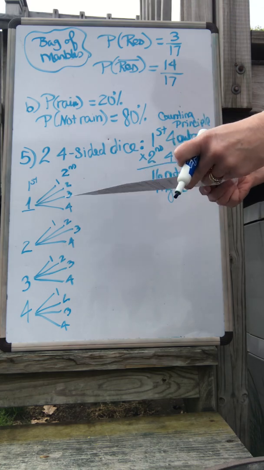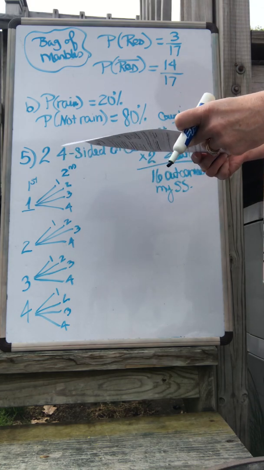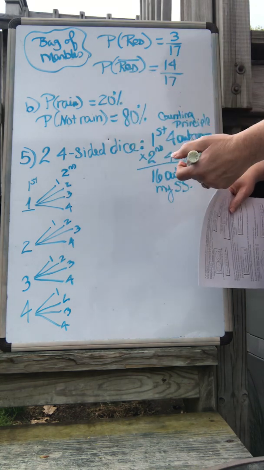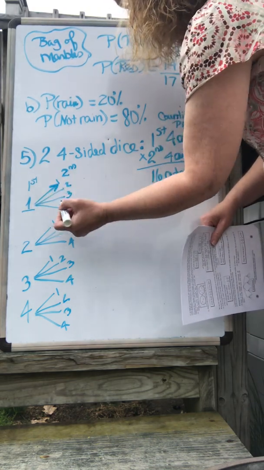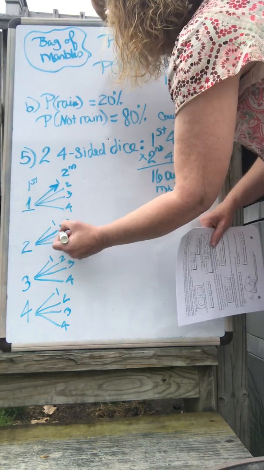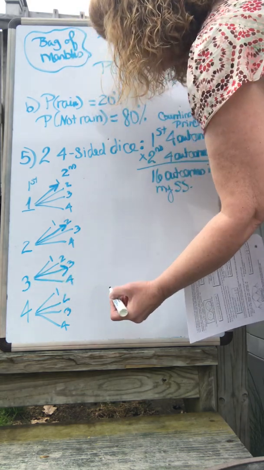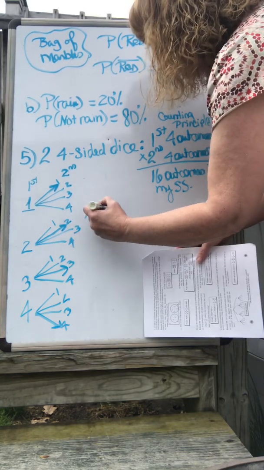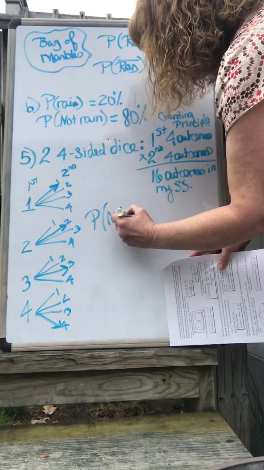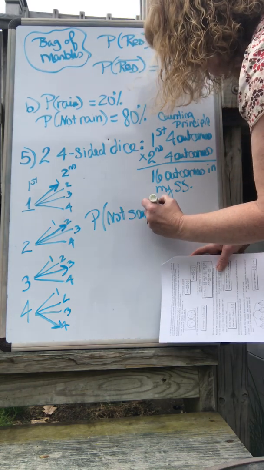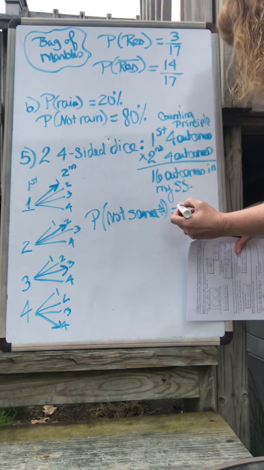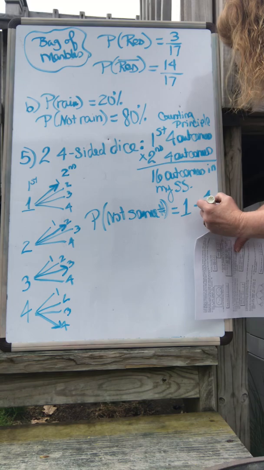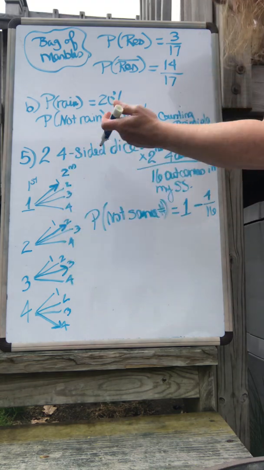You could have written it as ordered pairs. What is the probability that you don't get 2 of the same number? Well, if I look, I have 1, 1, same number once. I have 2, 2, same number twice. 3, 3, same number 3 times. 4, 4, same number 4 times. So if I want the probability of not the same number, then I can say 1 whole minus 4 out of 16, because 4 times I got the same number.